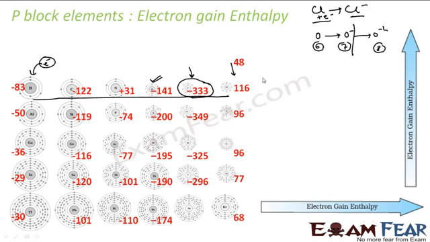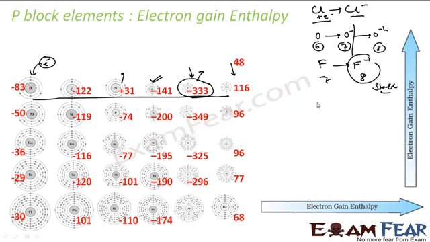But if you talk about fluorine, it has 7 valence electrons. The moment it accepts one electron, it has 8 valence electrons. It's a very, very stable state. So fluorine will emit more energy to go from F to F minus. But you see nitrogen has plus 31.